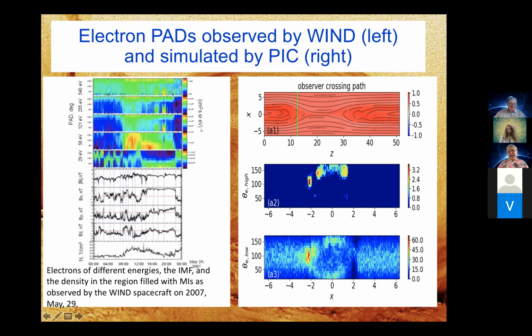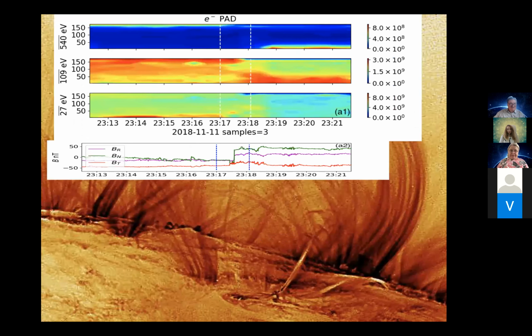So basically now we probably have the power to try to emulate the observations by applying different angles in the simulated data. And recently in 2021 we published with Zharkova an interpretation of Parker Probe observations shown in here.